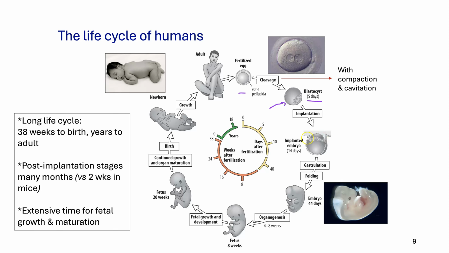And the implanted embryo, if you look at this part of it, it turns out that the actual blastocyst part, it's called a blastocyst because it looks more like the chick blastocyst, or the chick blastoderm, sorry, than the mouse. It's flat.